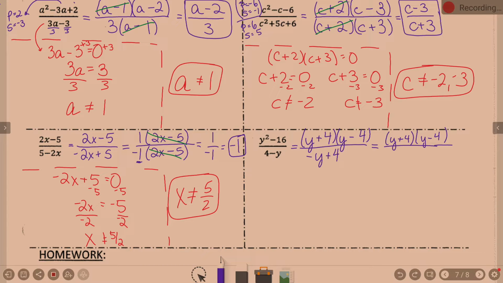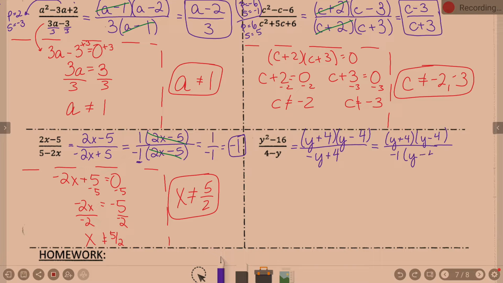In the denominator, if you factor out a GCF of negative 1, what is negative y divided by negative 1? Y. Yeah, negative divided by negative is a positive. What is 4 divided by negative 1?